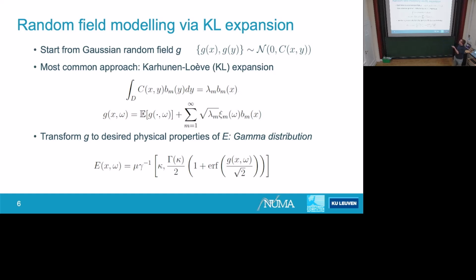We take a KL expansion of a normally distributed random field, and then we plug it into this transformation that you see here to get the gamma distributed random field. And so with multilevel Markov chain Monte Carlo, we will prove that the convergence rates also hold for such a different distribution, not only for log normal distributions.